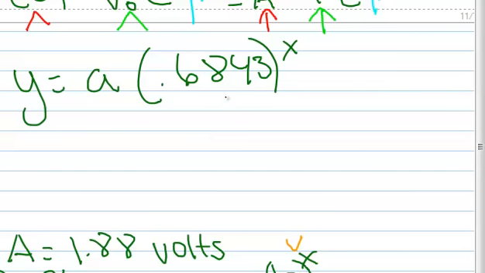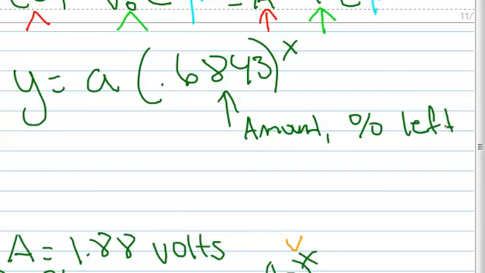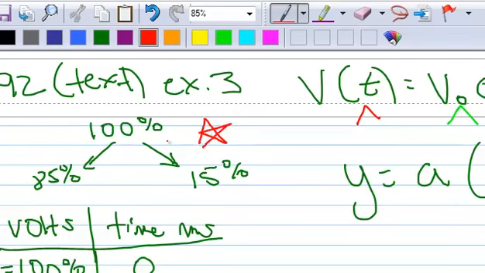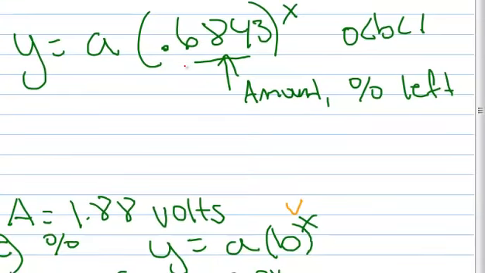And I know that this amount here is the amount or percent that is left. Because B is between 0 and 1, I know this is decay. So this is the amount that is left, just like over here where we're decaying by 85%, we lose 85%, so we keep 15. Over here, this B is the amount that you keep.